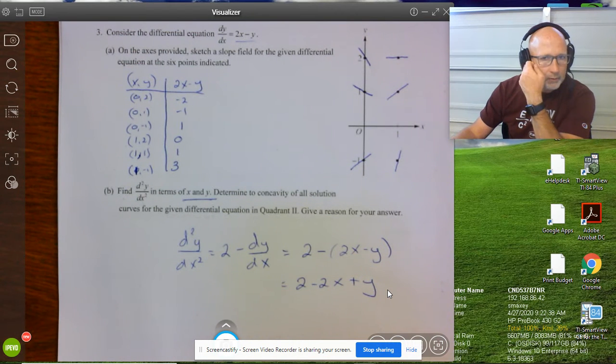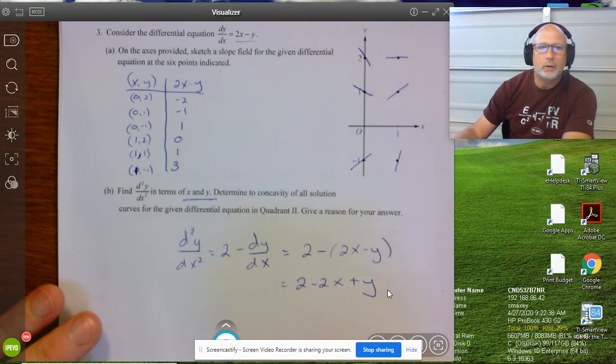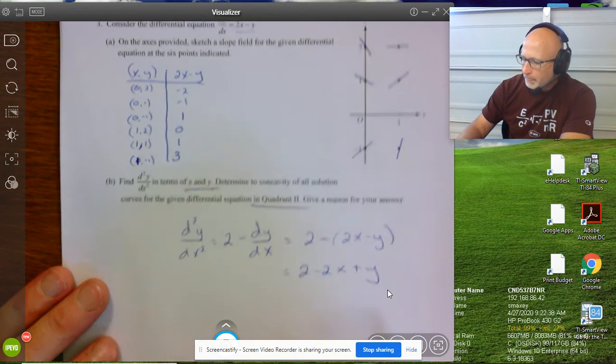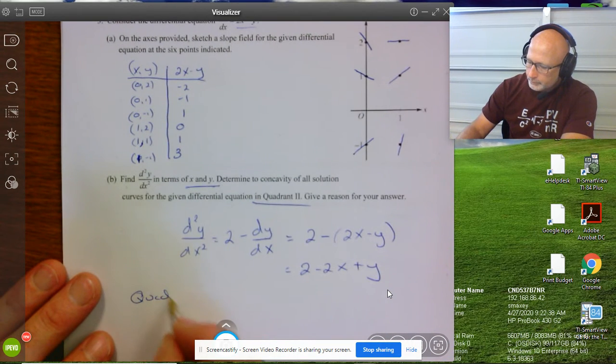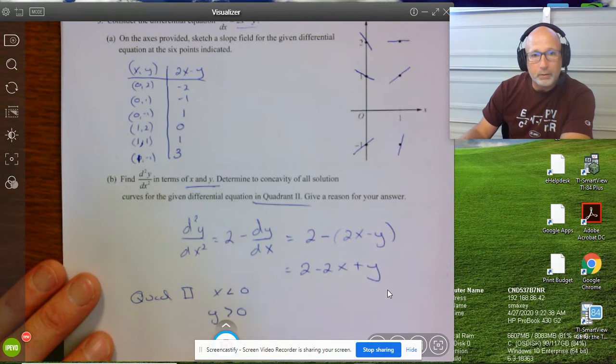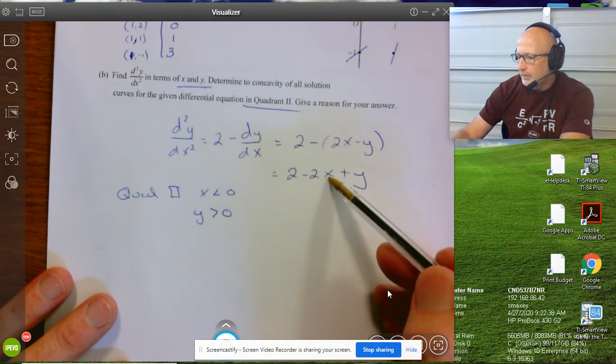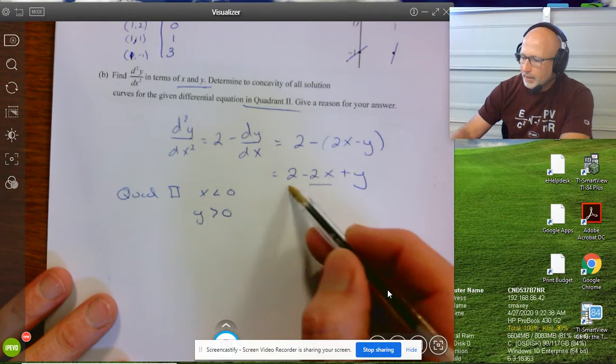Now, it states, determine the concavity of all solution curves for the given differential equation in quadrant 2. So in quadrant 2, the x's are less than 0 and the y's are greater than 0. If I take a value that's less than 0 and plug it in here, I'm going to take a negative times a negative, which will turn positive, positive, positive.